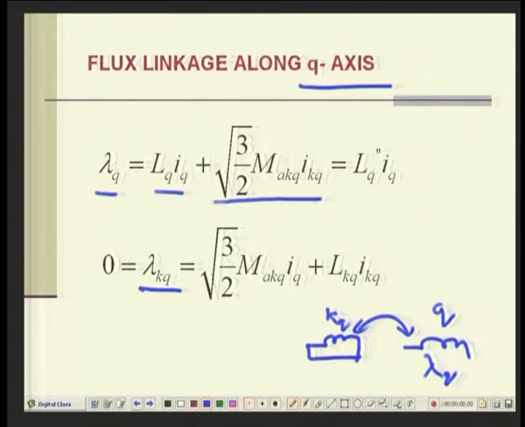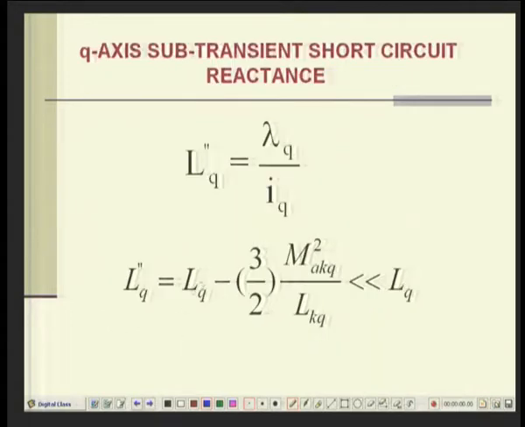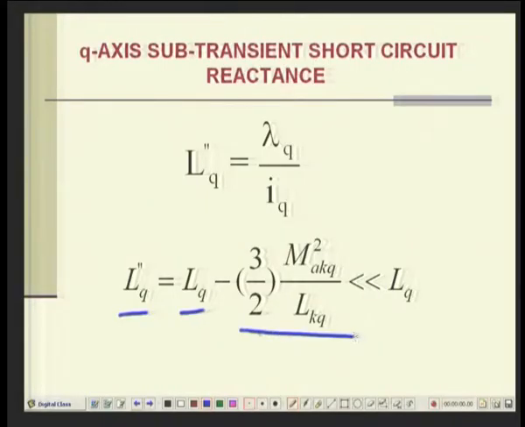So, this you can write as LQ double dash into iq. Just a simplification. So, LQ double dash is lambda q by iq. So, LQ double dash is LQ minus 3 by 2 MAQ square over this. So, it will also be less than LQ. So, you have a new reactance coming immediately after a short circuit, okay, wherein it will be the effective reactance.